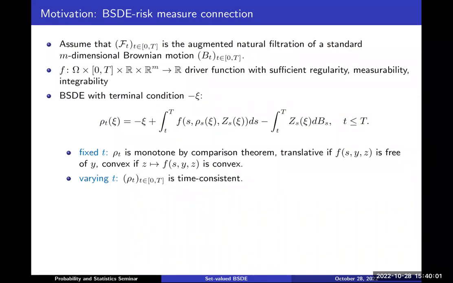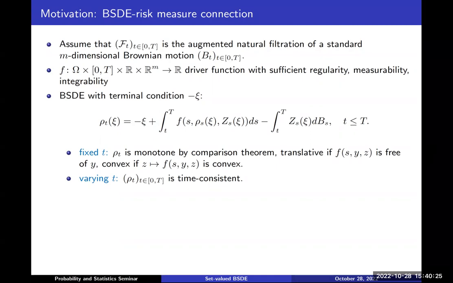If the driver function is free of the y part, then the solution satisfies some sort of cash additivity. So I have rho_t of X plus m if m is F_t measurable.